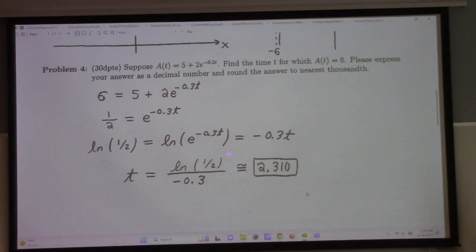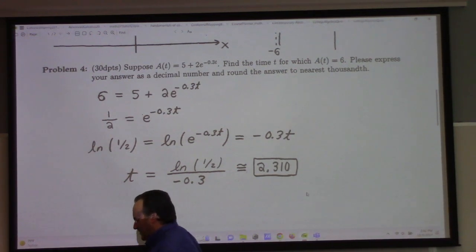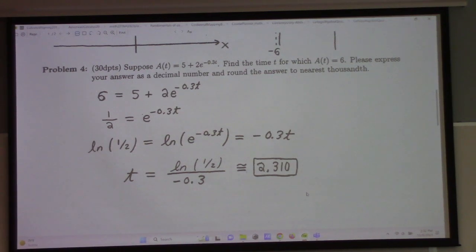Then I solve for t, which gives me natural log of 1/2 divided by minus 0.3. The natural log of 1/2 is, I think, about minus 0.693. So minus 0.693 divided by minus 0.3 ends up being 2.310. There's a problem similar to this around problem 101 through 105 somewhere in there.